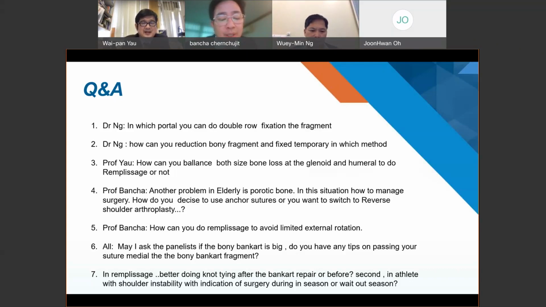Okay, second question. In athletes with shoulder instability, which is the indication for surgery: during the season or wait until out of season? I will advise to wait until out of season because obviously after surgery, we want to protect and let the repaired tissue heal.